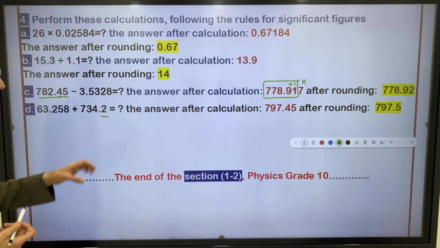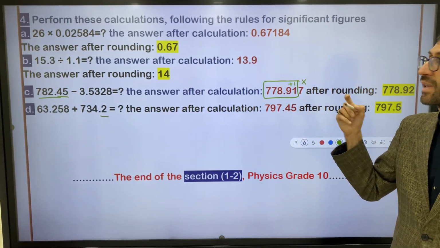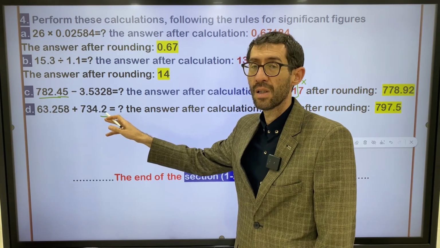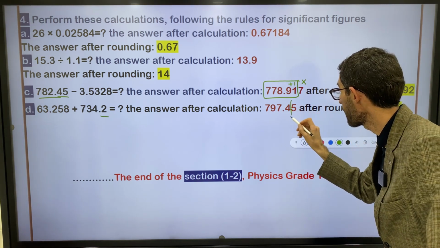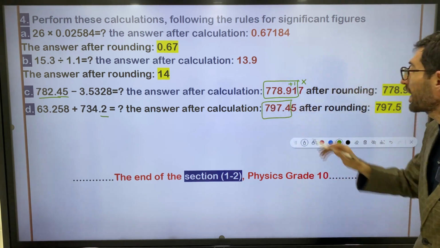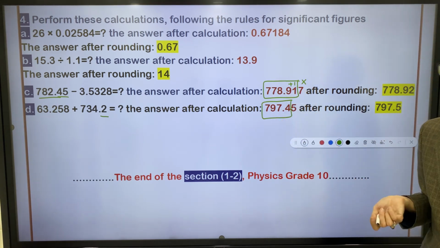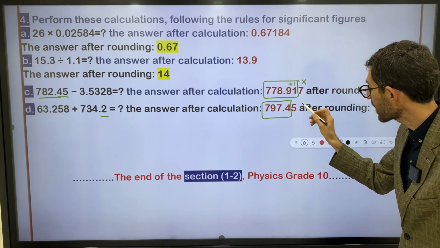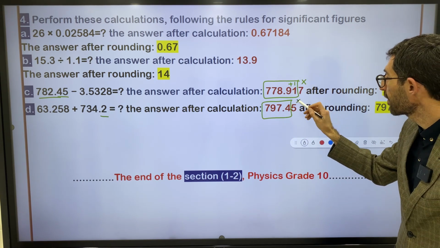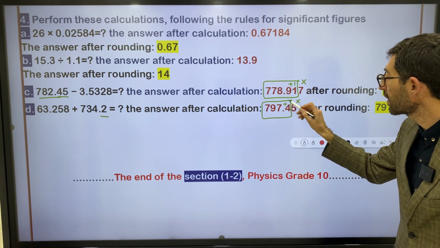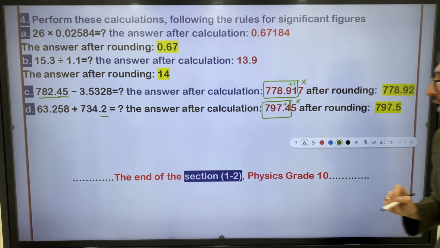That's why the answer should contain only one decimal place, right? So we need these figures only, one figure after the decimal place. In this situation, like the previous cases, we have round up. We drop the 5 and add 1 unit to the 4, and the answer will be 797.5.